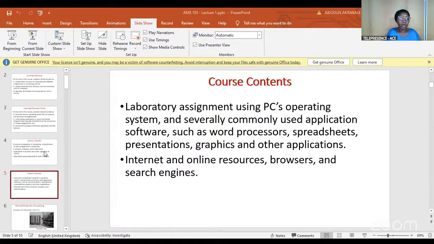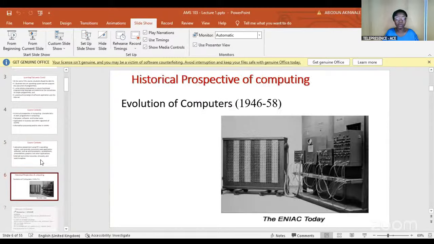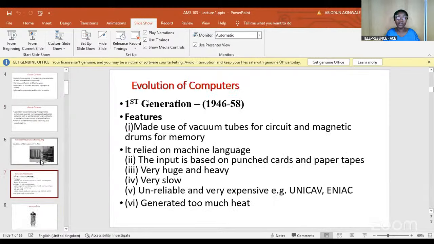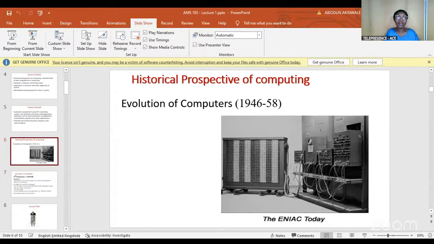As far as the history is concerned, computers, since their introduction, have been grouped into different phases that we call evolution, beginning from the very first set of computers, which made use of vacuum tubes, were very slow, generated so much heat, used punch cards, and occupied a very massive space in the office or the room where they were placed.